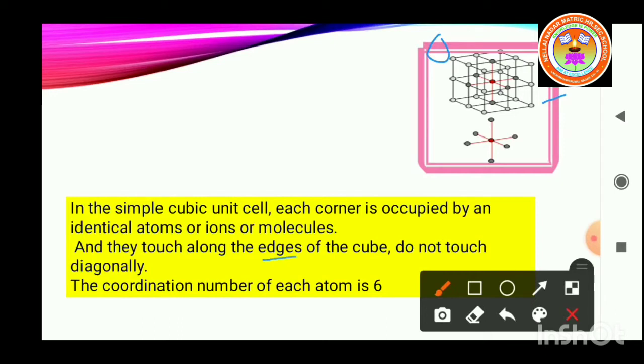Only along the edges of the cube, and they do not touch diagonally. So see that, that's why the coordination number is 6. Very important one mark question in this chapter: what is the coordination number of simple cubic? 6.